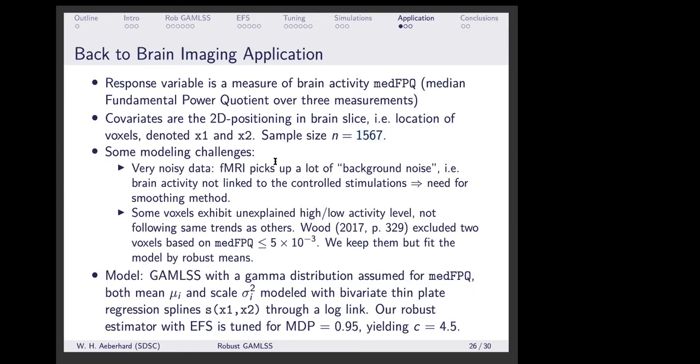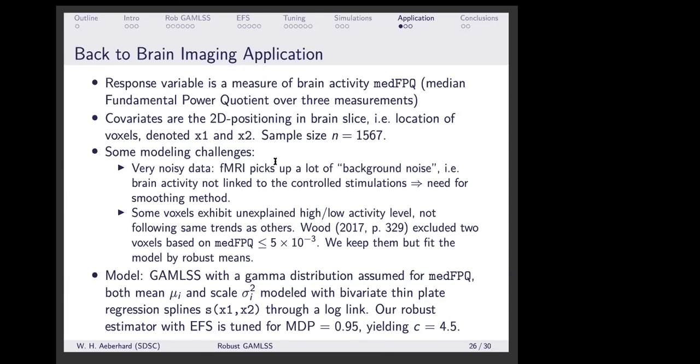Now, it is quite a challenging modeling task here. The fMRI tends to be very noisy. It tends to pick up a lot of background noise. So we definitely need to smooth things fairly well. And then there is this other challenge, which I alluded to already, which is that certain voxels may behave completely differently. There is no guarantee that all the voxels react to the external, the lab control stimulus in a coherent way.